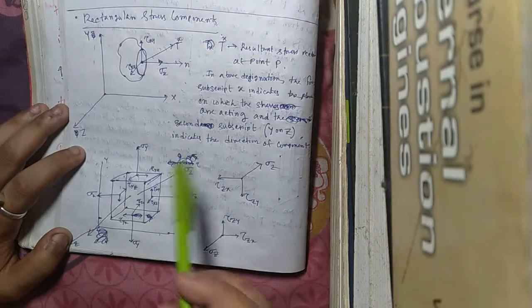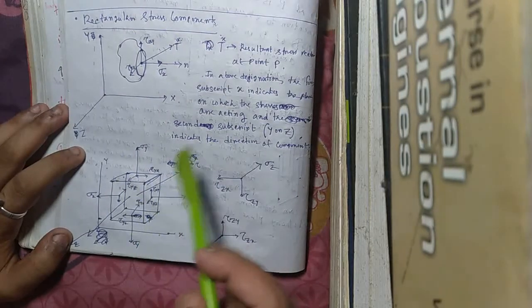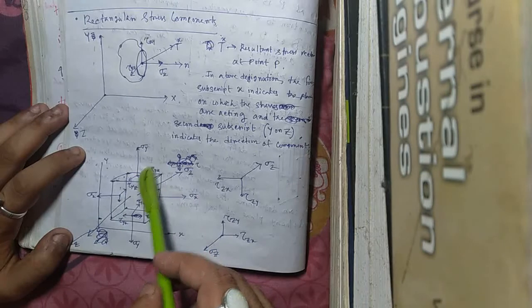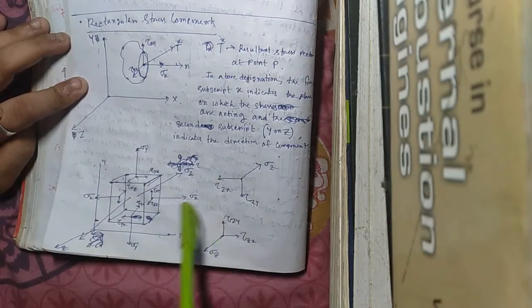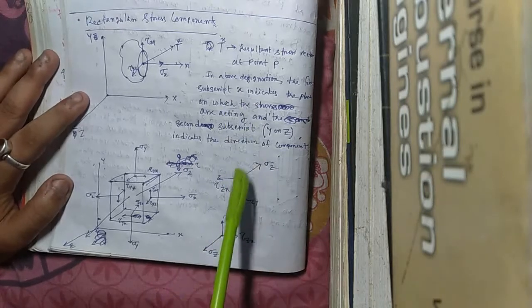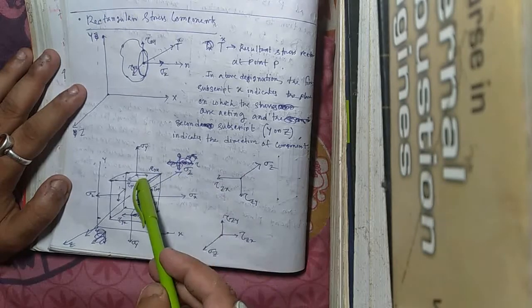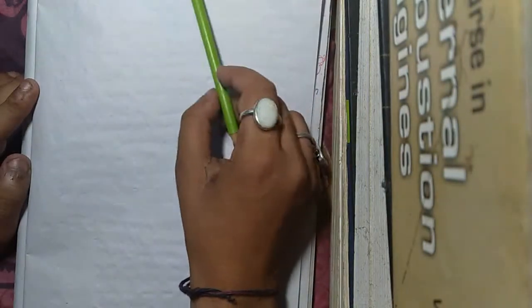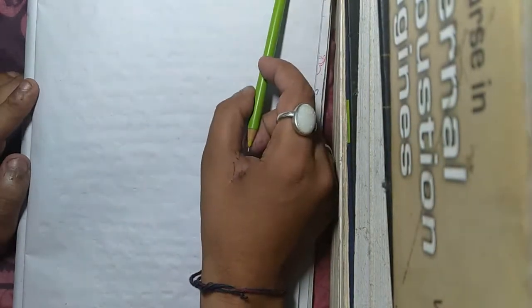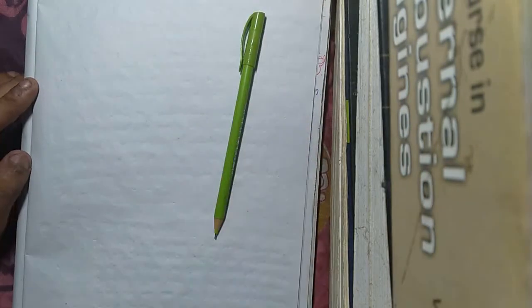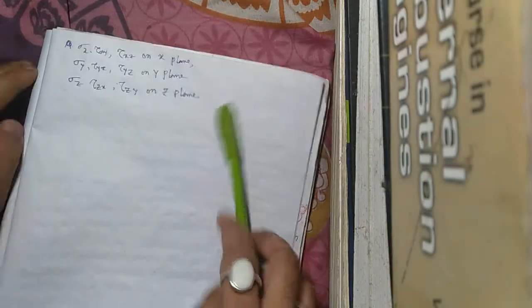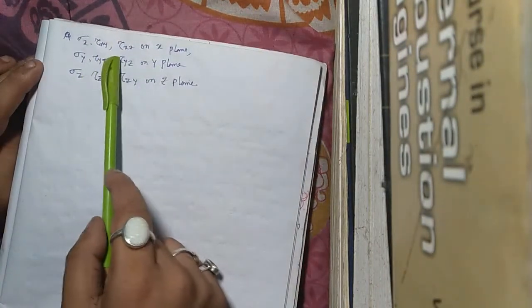These are the shear stresses. So sigma x, tau xy, tau xz on the x plane, sigma y, tau yx, tau yz on the y plane, and sigma z, tau zx and tau zy on the z plane.